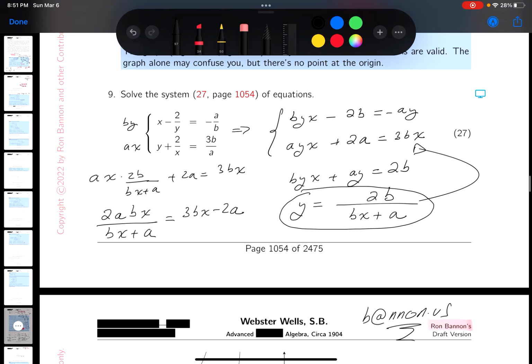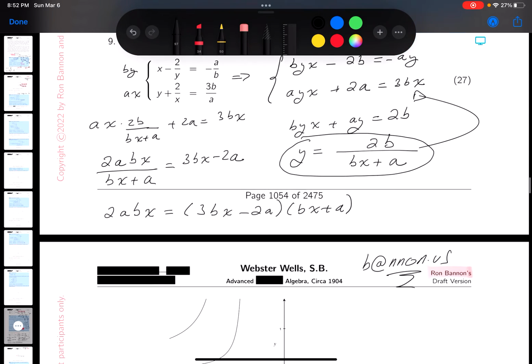I'm going to multiply both sides by the LCD, and you're going to get 2abx equals, a little more difficult now, isn't it? 3bx minus 2a times bx plus a.